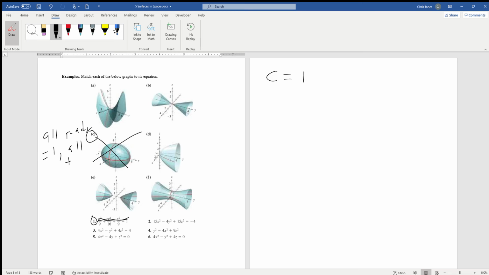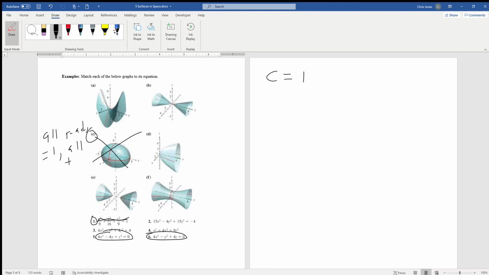Another one that might be easy to find is where we start having some linear terms, so we can get on to page 2. Let's look for examples where we have a linear term. One of them is number 5, and another one with a linear term is number 6.